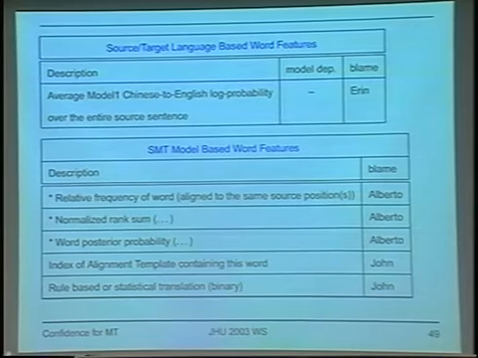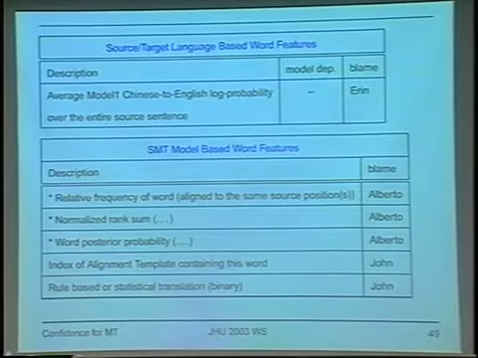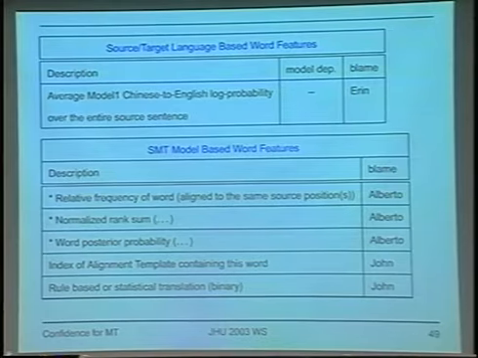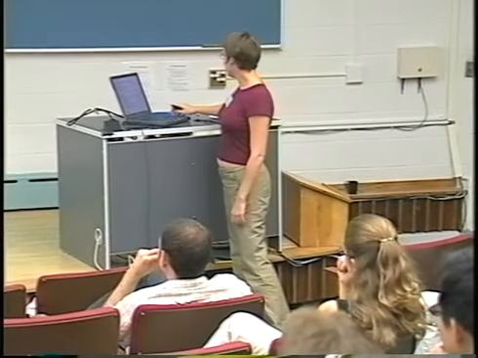And the last two are the index of the alignment template that contains this word in the translation, or simply a marker saying whether this word was translated using a rule-based system or the actual statistical system, because the system had a part that did rule-based translation of date expressions, numbers, etc. So this is just a marker for those two.